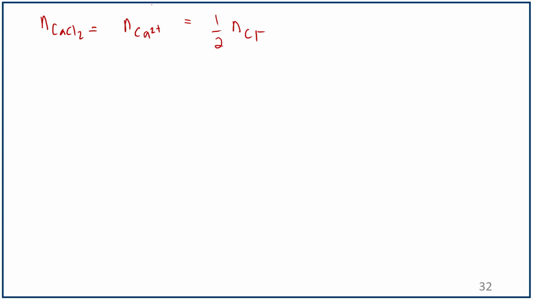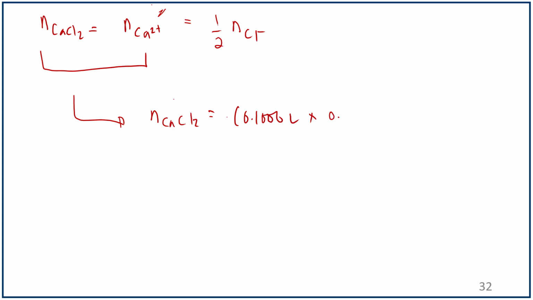Let's take this part first. The number of moles of CaCl2 is equal to 0.1000 liters times 0.15 moles per liter. So that one should give you 0.015 moles.